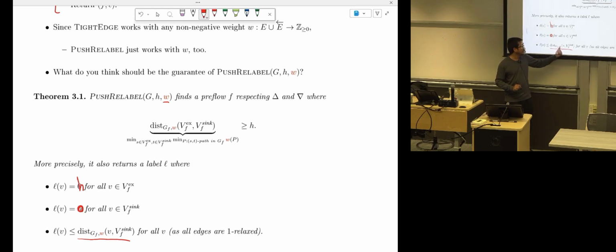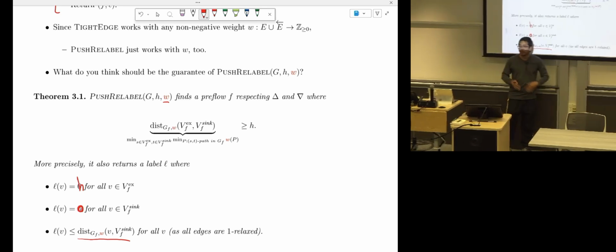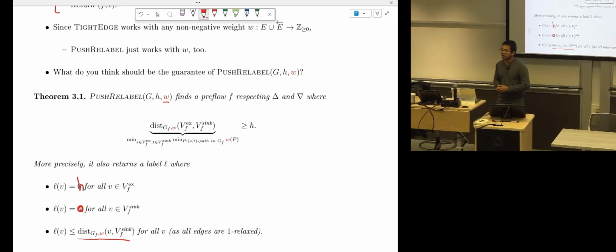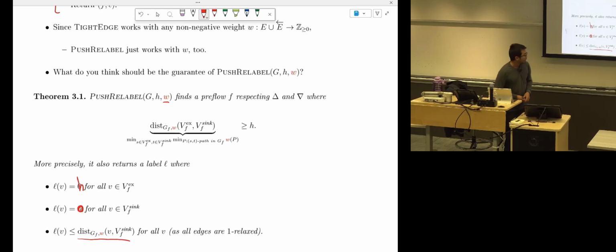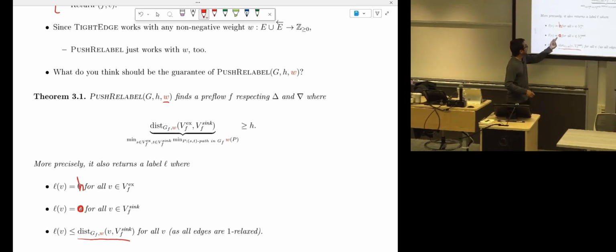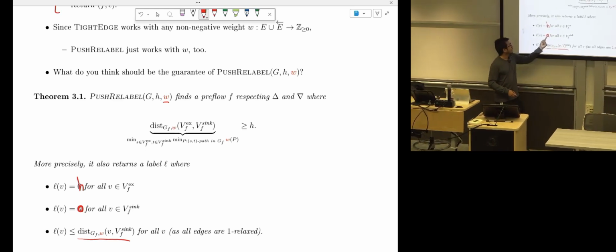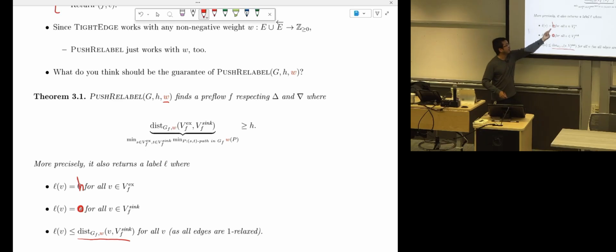We just use this weight function because the type H data structure uses this weight function. This lower bounds the distance just because all edges are relaxed, like before. So if the sinks are at level 0 and all the excess are at level h, they are far away, and so the distance is lower bounded by the label.